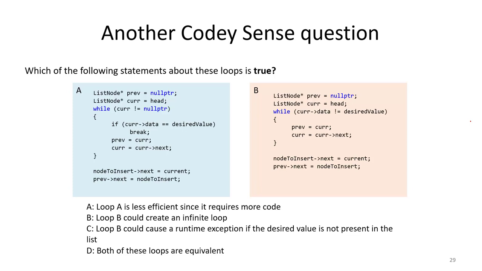Let's look at choice B. Loop B could create an infinite loop. Is that true? Notice what happens here. While current arrow data is not desired value. Notice, if the desired value is not in the list, this while loop will always be true.